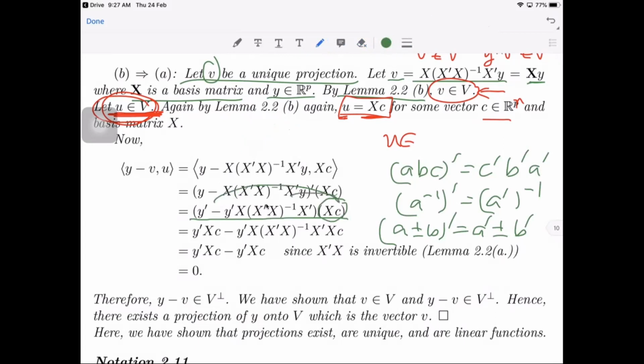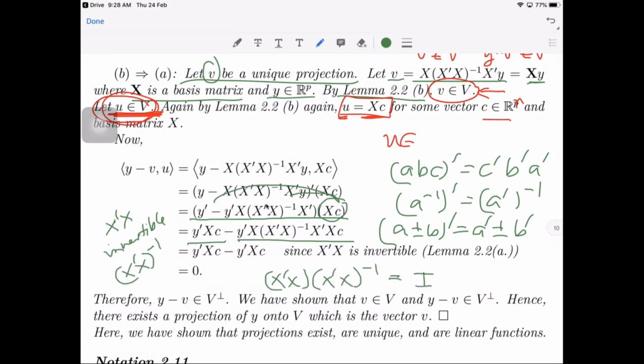sulod na din ha. So, you have this. Okay. But X prime X invertible means, sa kani ang X prime X invertible, meaning X prime X inverse exists and X prime X inverse is just the identity matrix.